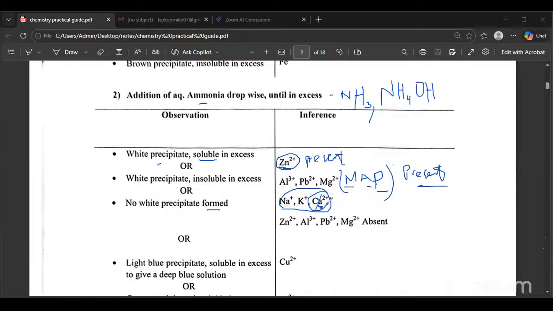You can just write sodium and potassium ions present, or you can write all those that are up there, like zinc, aluminium, lead. You can write Mg and zinc absent. Of course you still score the mark.